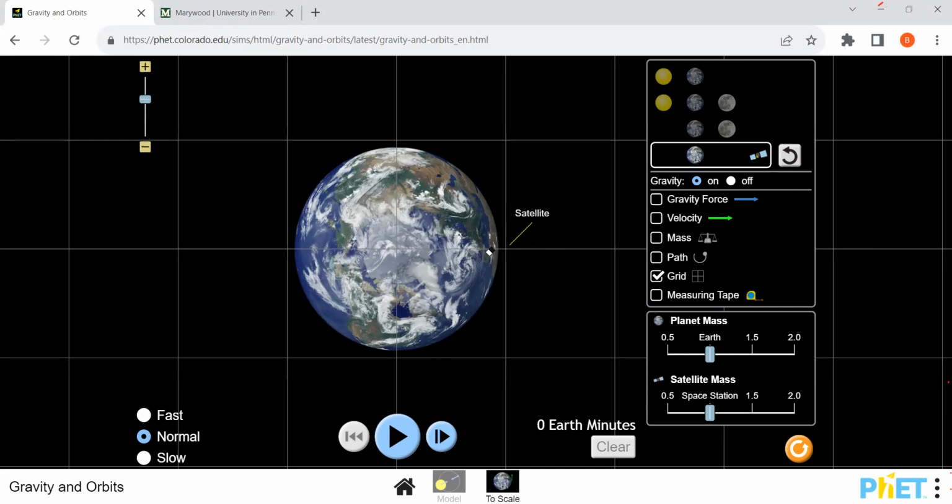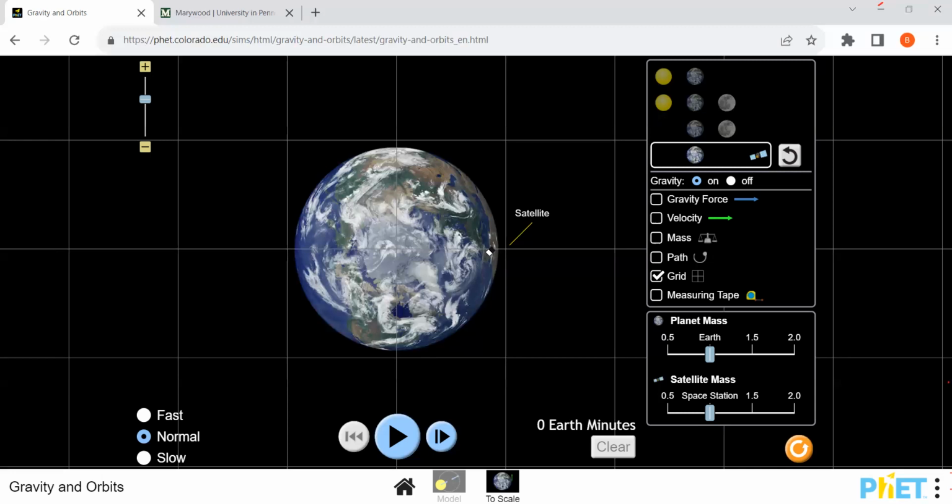The satellite orbits around our planet in a circular path, and gravity actually supplies this force. When a satellite orbits around our planet, or for example our planet orbits around the sun, the gravitational force between the satellite and the planet basically supplies the centripetal force. To keep something in a circular path we need a centripetal force.